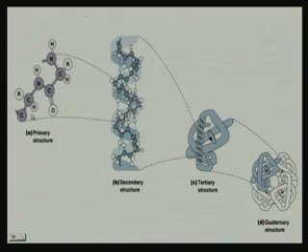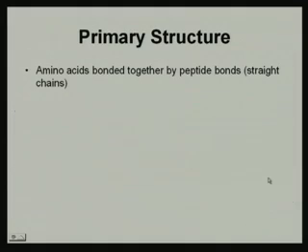So, if we see the primary structure, this is the simple structure. Secondary structure, it is trying to form a coil. Then tertiary structure, it is the globular protein and trying to make a more complex structure, and quaternary is the most complex structure which is there within the protein molecule.